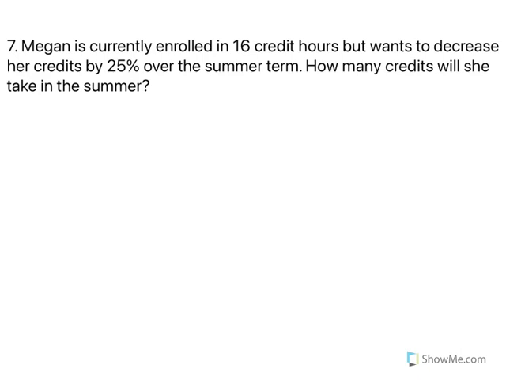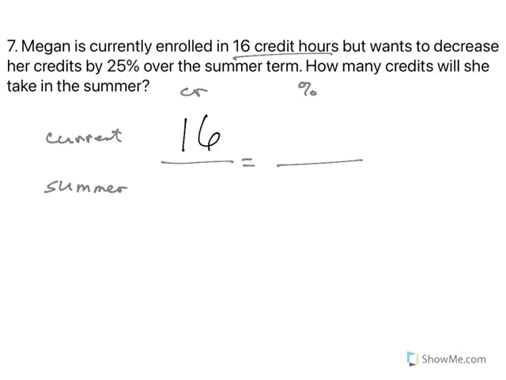In number 7, Megan is currently enrolled in 16 credit hours, but wants to decrease her credits by 25% over the summer term. How many credits will she take in the summer? So we are comparing the current term to the summer term. We are talking about credits versus percents. Currently, she is taking 16 credit hours.